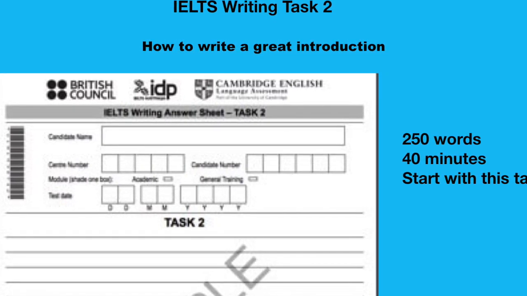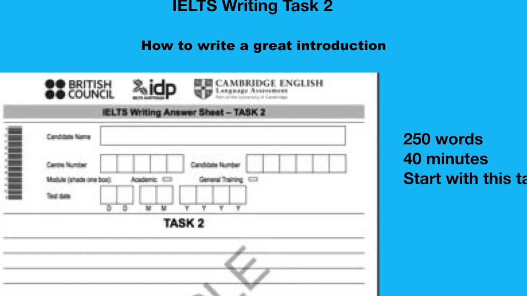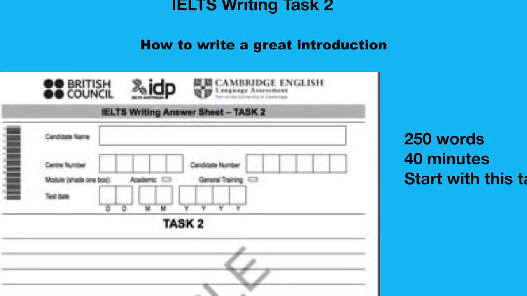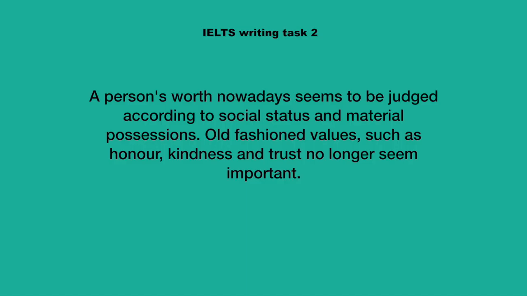So what do you have to do? Well, basically you have an essay question, something like this. A person's worth nowadays seems to be judged according to social status and material possessions. Old-fashioned values such as honor, kindness and trust no longer seem important.